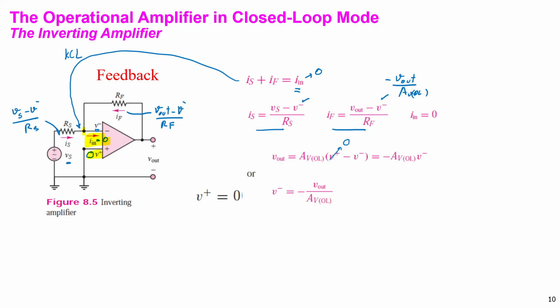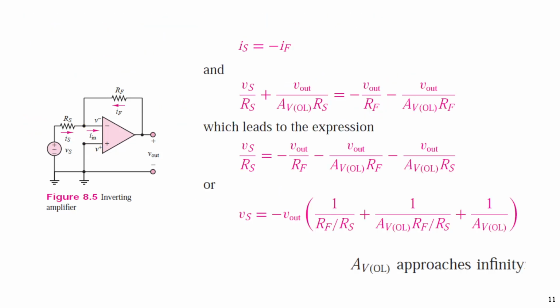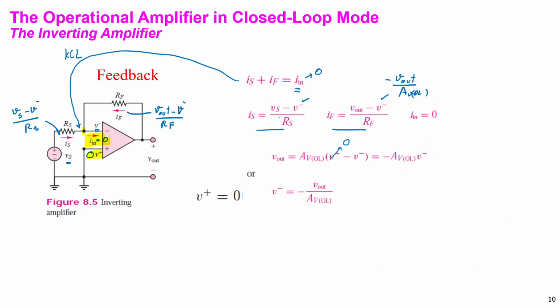With this circuit, V positive is 0, connected to the reference voltage. Then from this, I_S equals minus I_F.